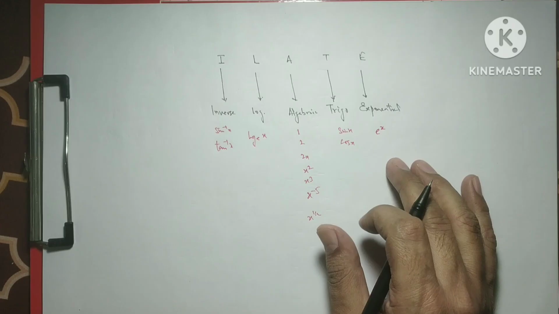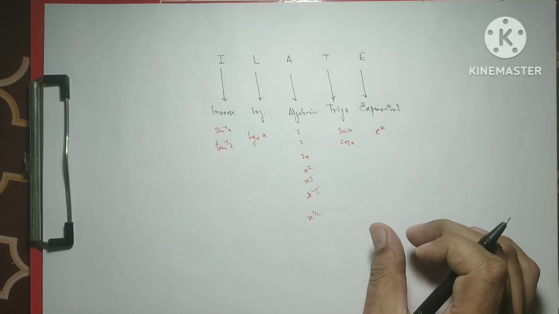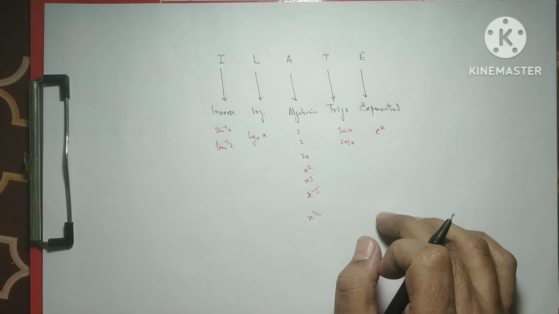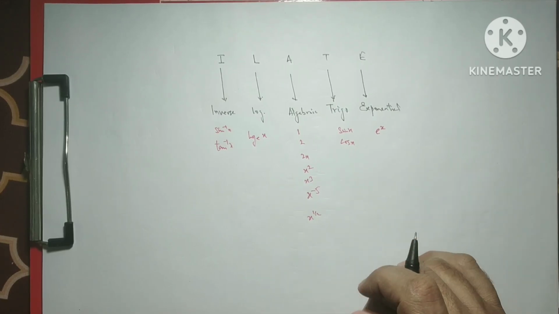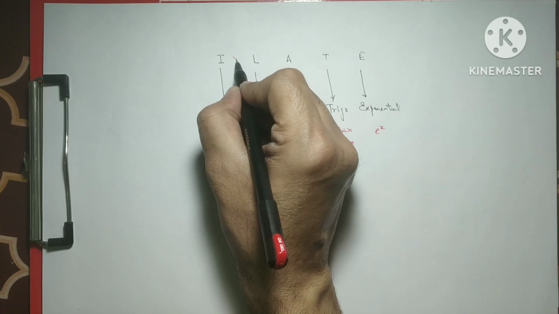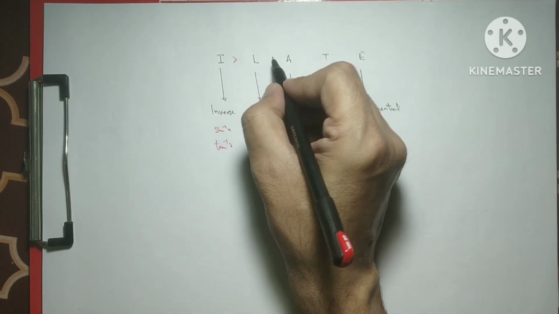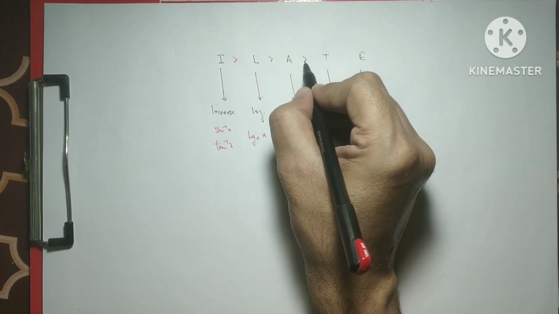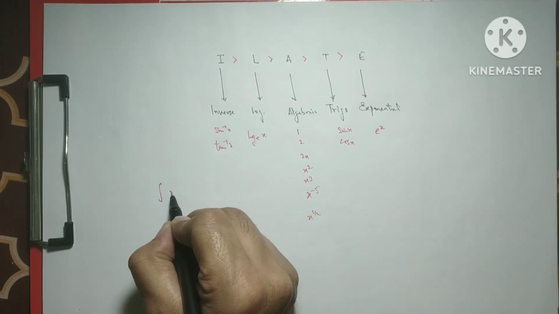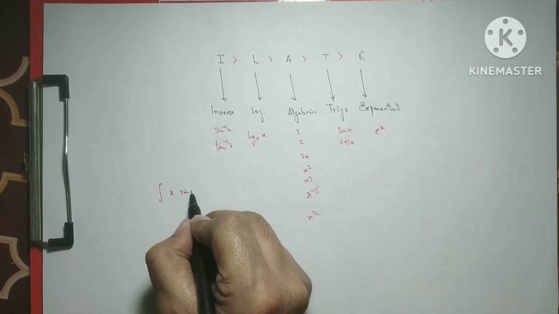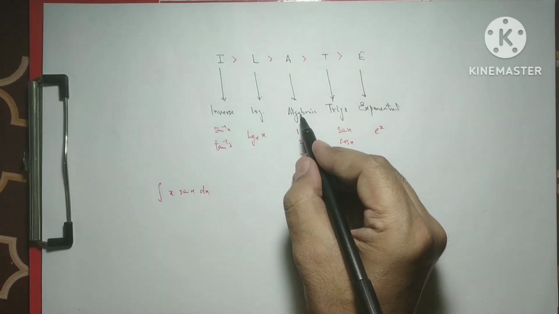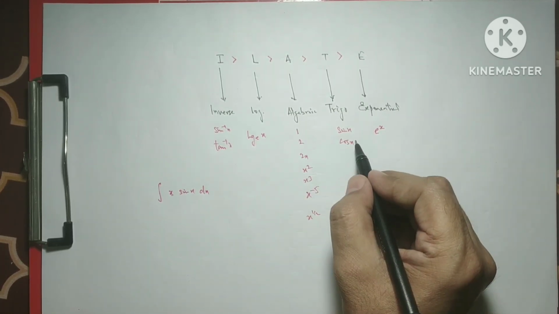These are the functions we will use as a pair of two functions u and v, and then we will use by parts, in which this is the priority order. If we have functions like x and sin x, x is an algebraic function and sin is a trigonometric function.